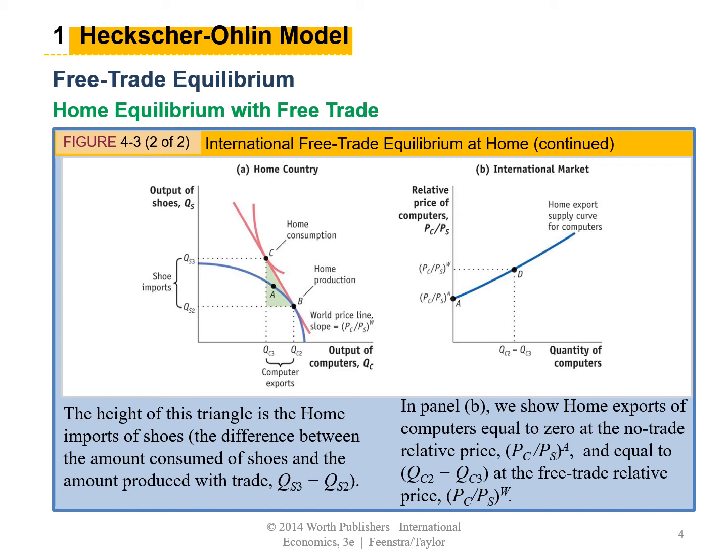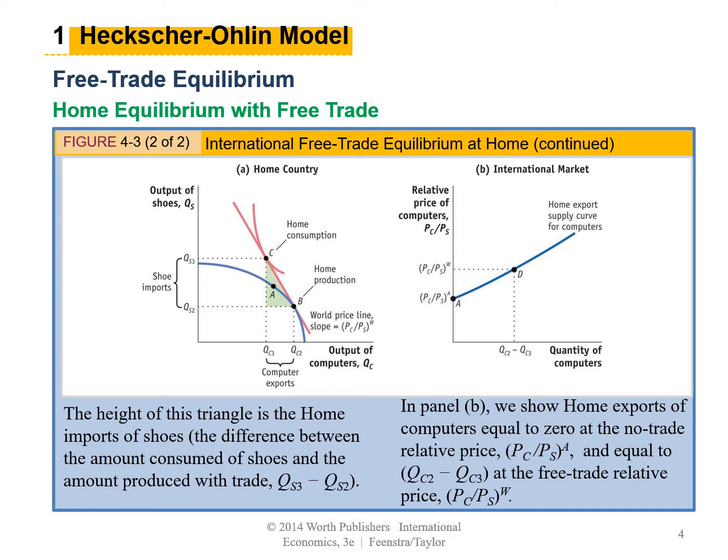Initially, at point A in the right-hand diagram, the home country opens up to trade and finds that the terms of trade are really attractive. PC over PS is the price of computers in dollars divided by the price of shoes in dollars. So you take the dollars out of that ratio and what you get is shoes divided by computers.